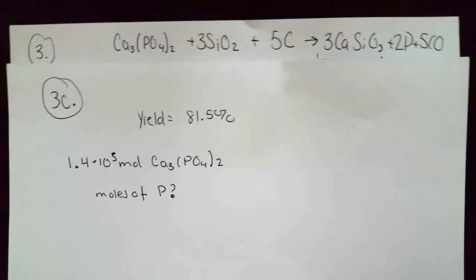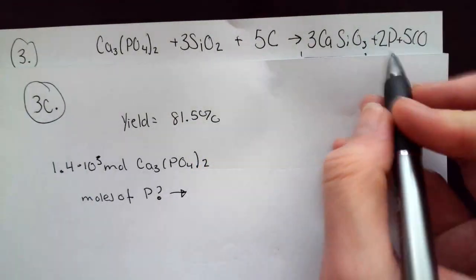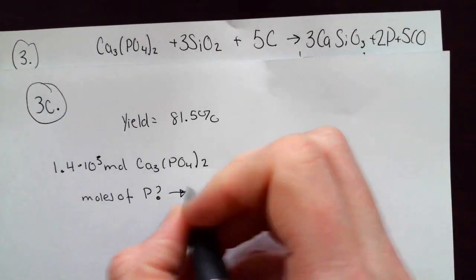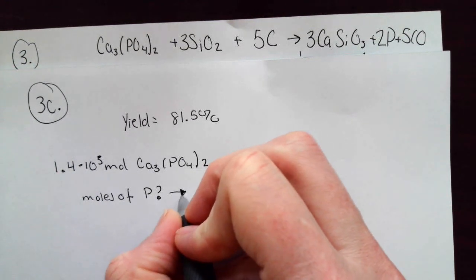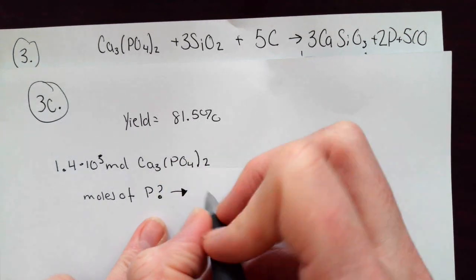So we need to figure out, first of all, what is this actually asking for? The moles of phosphorus produced, because phosphorus is a product and they're saying produced, we're actually talking about what actual yield is.